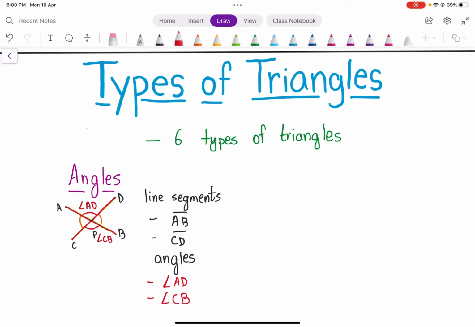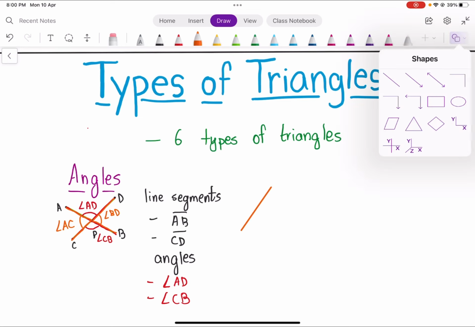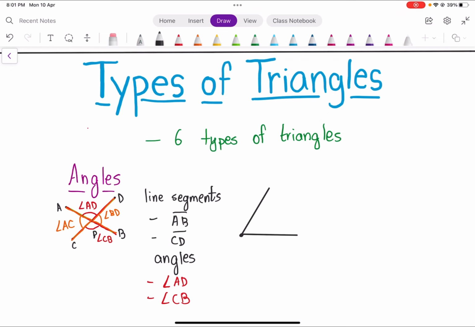If you think about it, it doesn't really matter which order we put the lines in. So let's say we had a random angle, and they intersect at this point.